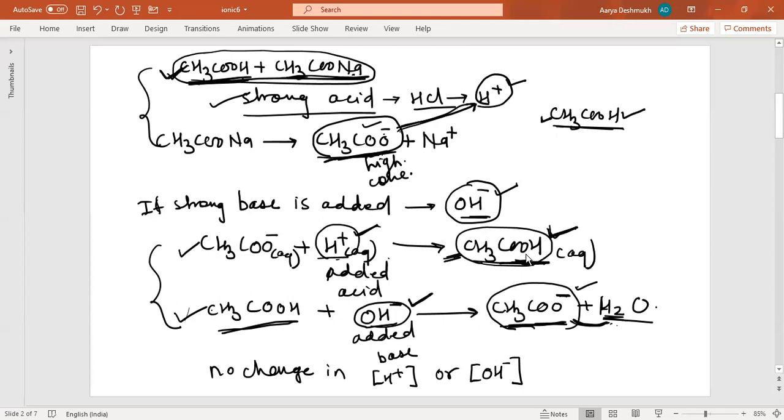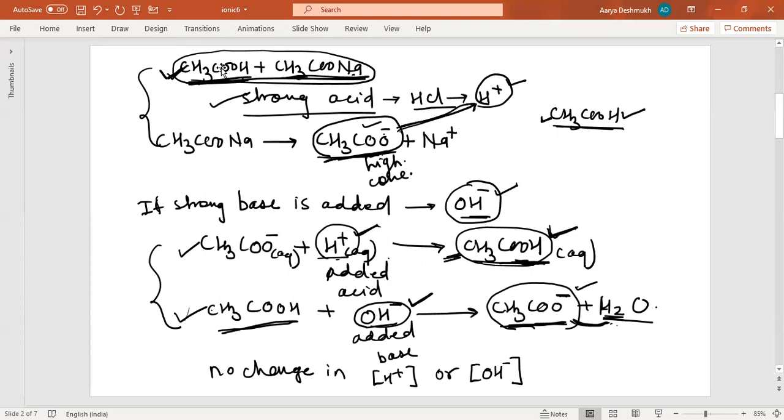In addition to this CH3COOH, the undissociated CH3COOH, which is a weak acid, already will be there. So this CH3COOH and this CH3COOH together result in a large amount of CH3COOH here.